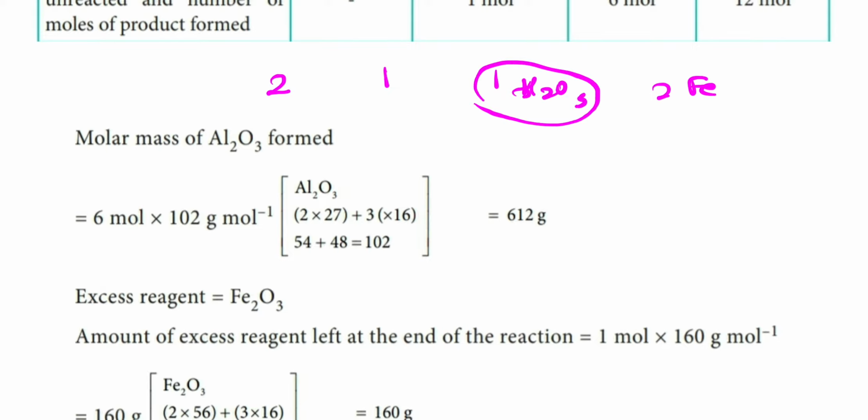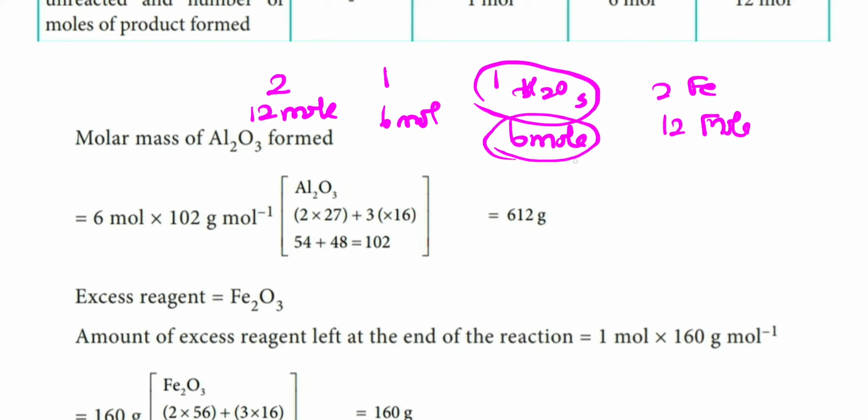So in this case அப்போ 2 moles அப்படிங்கும்போது that is 12 mole of aluminum react with 6 mole of iron oxide to give 6 mole of aluminum oxide and 12 moles of iron. கரெக்டாக 12 moles of iron. அப்போ எவ்வளோ moles of aluminum oxide 6 moles.